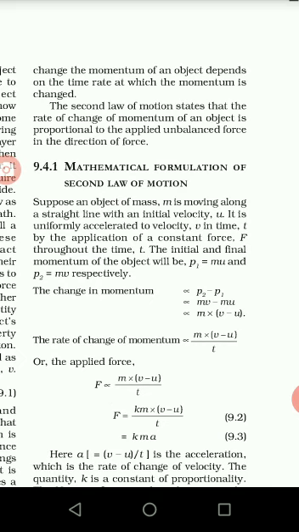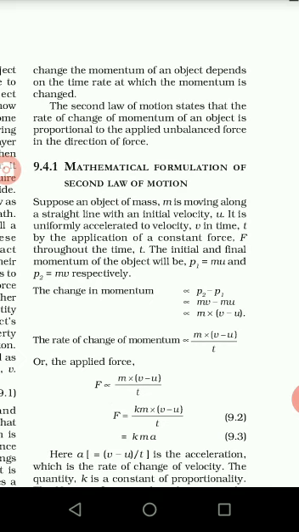Now the mathematical formulation of the second law of motion. Consider an object of mass m moving along a straight line with initial velocity u. It is uniformly accelerated to velocity v in time t. By the application of constant force F through the time t, the initial and final momentum of the object are P1 equal to mu and P2 equal to mv.